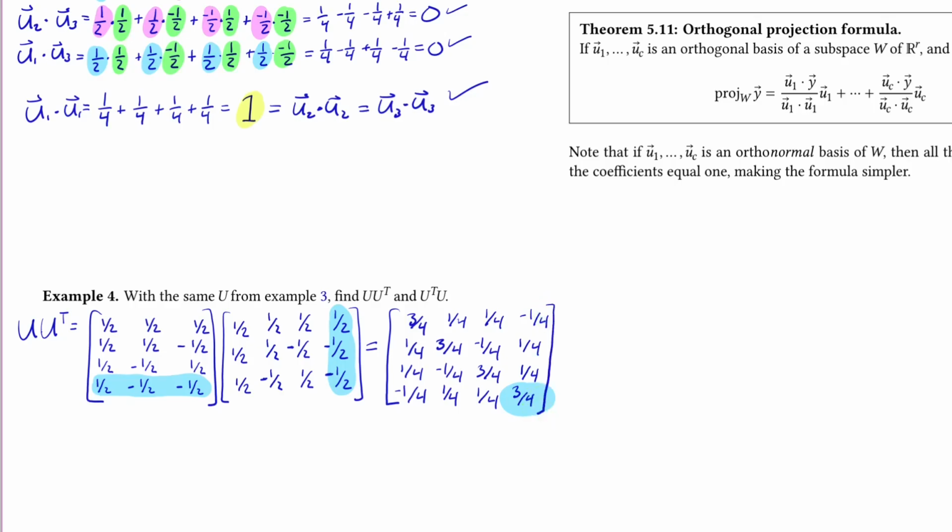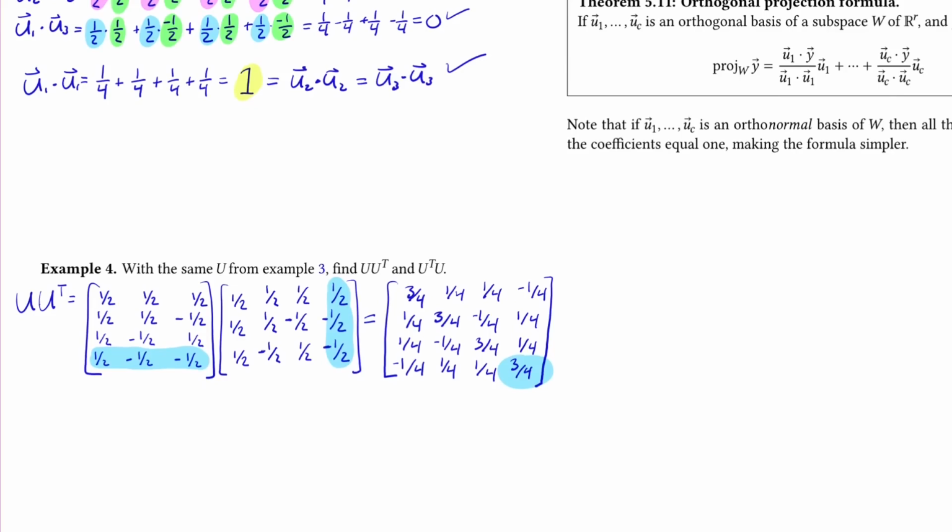Phew, that was a lot of fourths there. We got a pocket full of quarters here. One thing to notice about this is that this is actually a symmetrical matrix. In other words, if you take row 2, that's 1/4, 3/4, negative 1/4, 1/4, that is the same as column 2, just transposed.